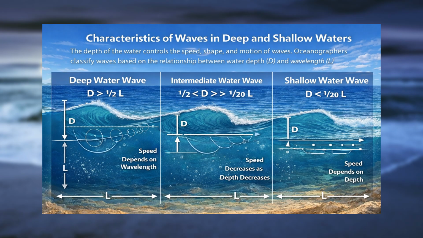To understand this better, oceanographers classify waves based on the relationship between the water depth d and the wavelength L. There are three types of waves defined by water depth: deep water waves, where d is equal to or greater than 1/2 of wavelength L. Second one is the transitional wave or intermediate water wave, where d is greater than 1/20th and less than 1/2 of wavelength L. Third one is shallow water wave, where d is less than or equal to 1/20th of L.